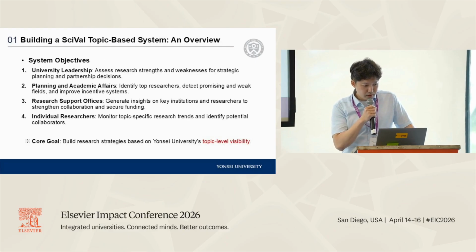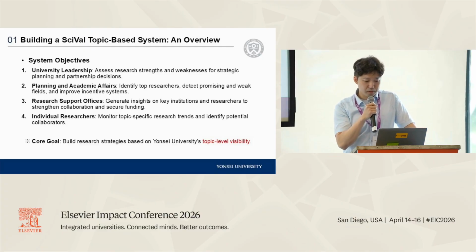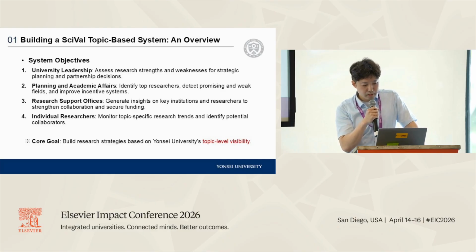So here are the system objectives. The motivation of building this system stems from the diverse needs of various stakeholders within the university. From an institutional leadership perspective, the goal is to identify our research strengths and weaknesses for strategic planning and partnership decisions.